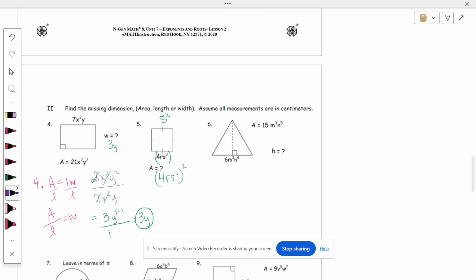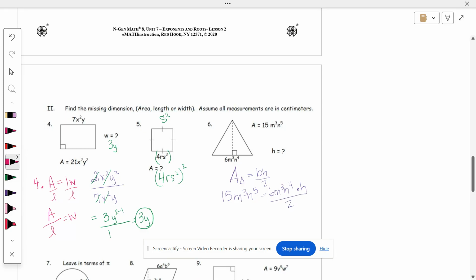Remember that the area of a triangle equals the base times the height divided by 2. The area is 15m cubed n to the fifth, and that equals the base, which is 6m cubed n to the fourth, times the height, all divided by 2.